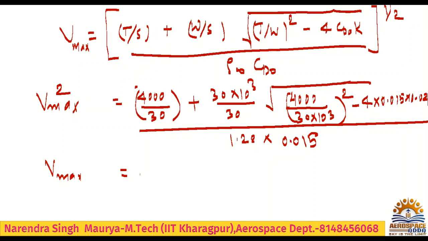This value we will get, plus 4000 divided by 30 into 10 to the power 3, which is 127.95. This is 4000 divided by 30 into 10 to the power 3. W by S, no?